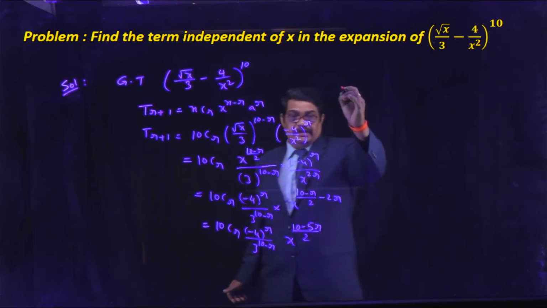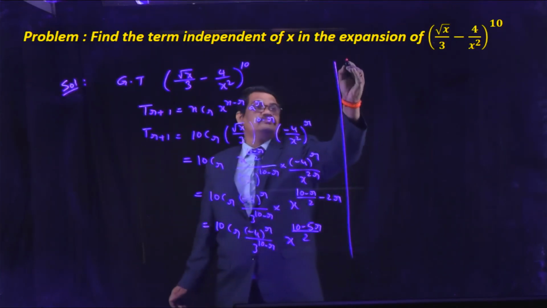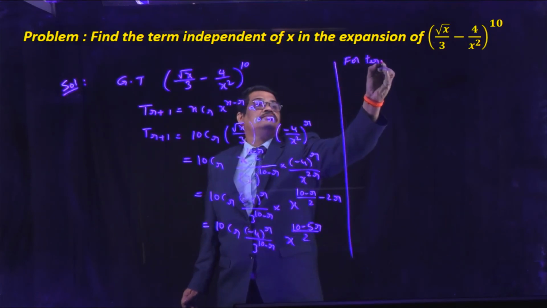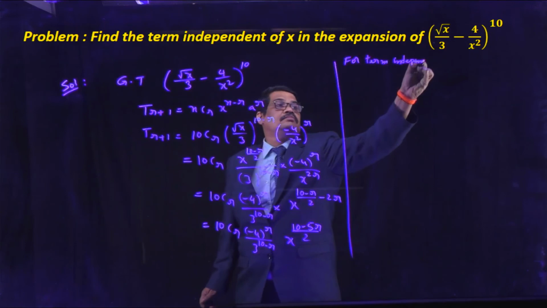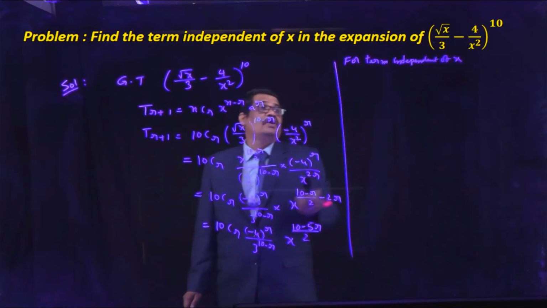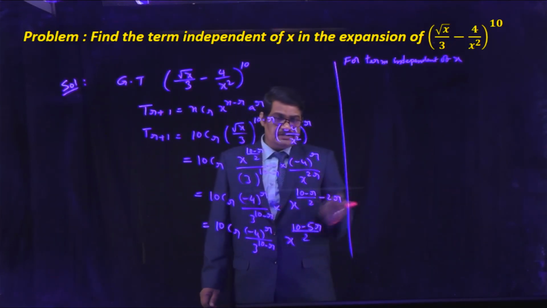For the term independent of x, we equate the power of x to 0.